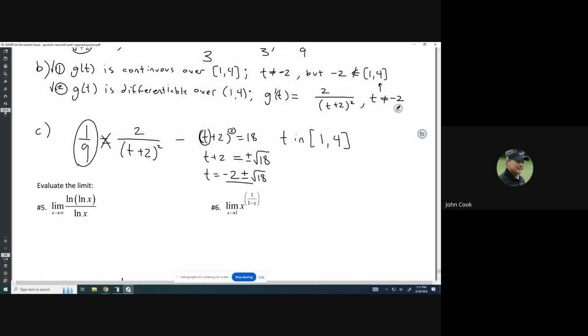And if you look at these two numbers that we get here, we either have negative 2 plus the square root of 18 or negative 2 minus the square root of 18. So this is obviously not the choice, because that's going to be a negative number, and there's no way a negative number can be in there. So the number that we're looking for is this one right over here. That is the t value that gives us an average rate of change equal to the instantaneous rate of change.